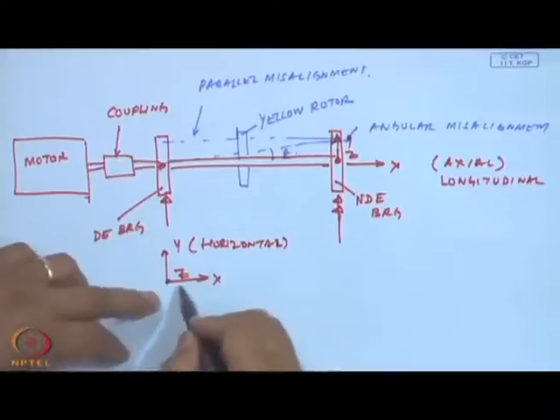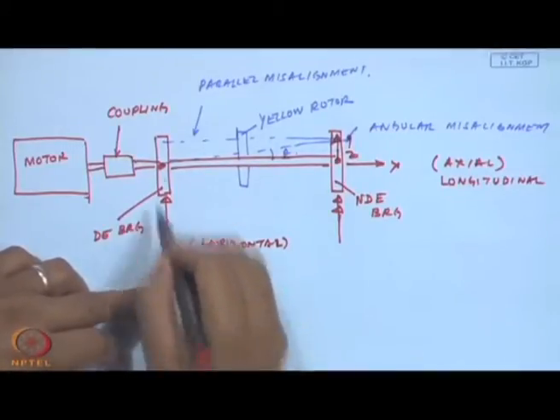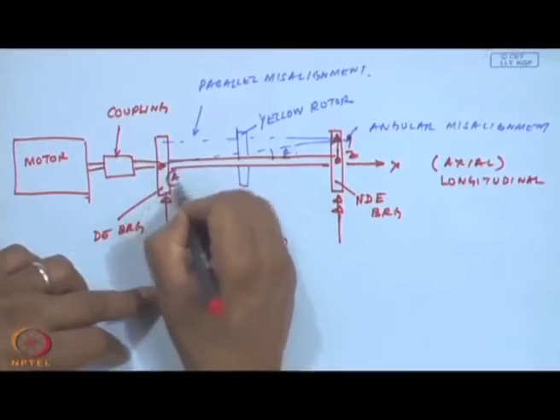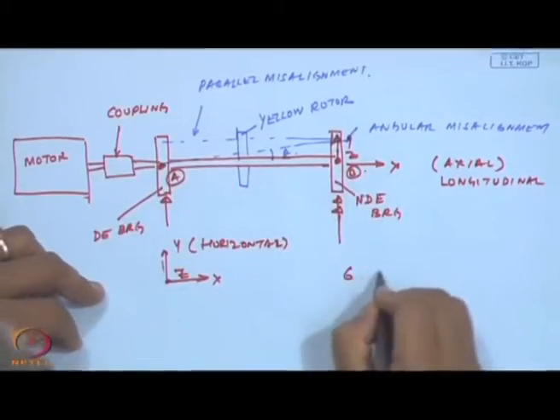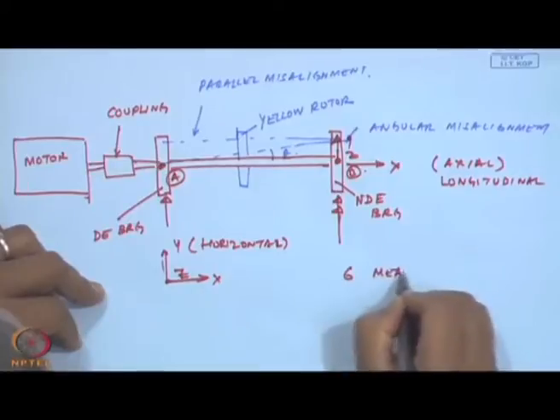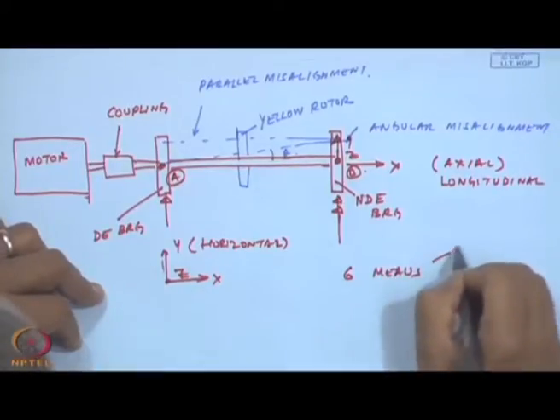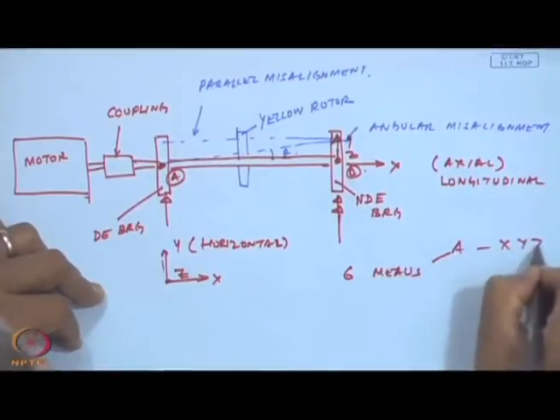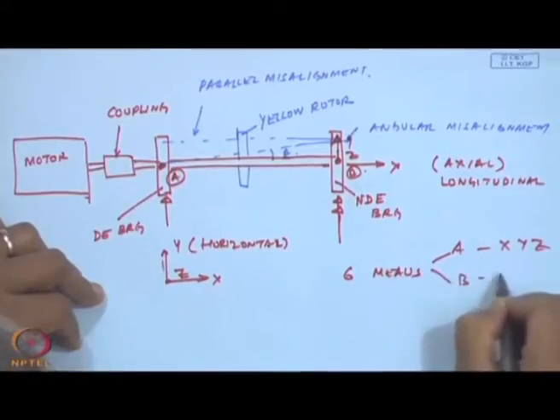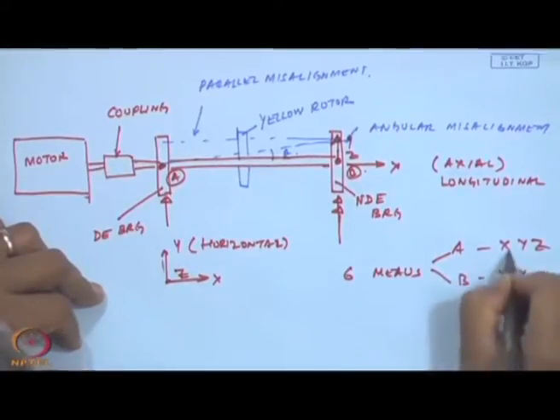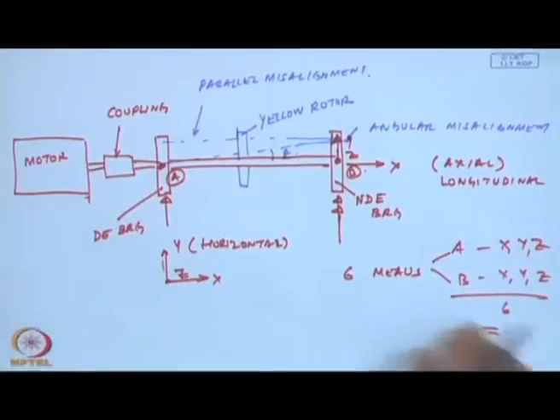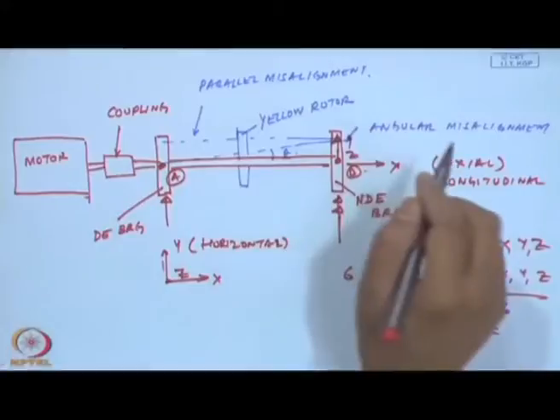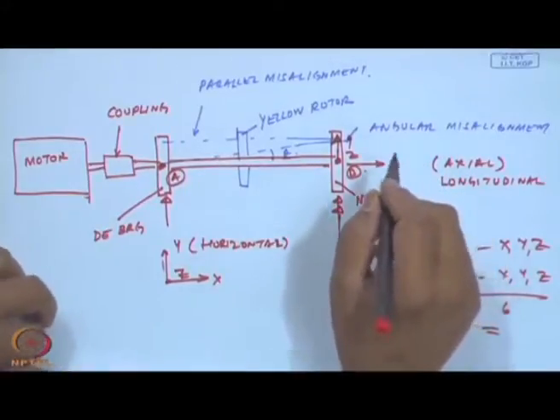For clarity, I have just moved it here, but this is actually at location A and location B. So, I will have 6 measurements: in location A, x, y, z, and location B, x, y, z. So, these kind of vibration measurements can be done in any machine.